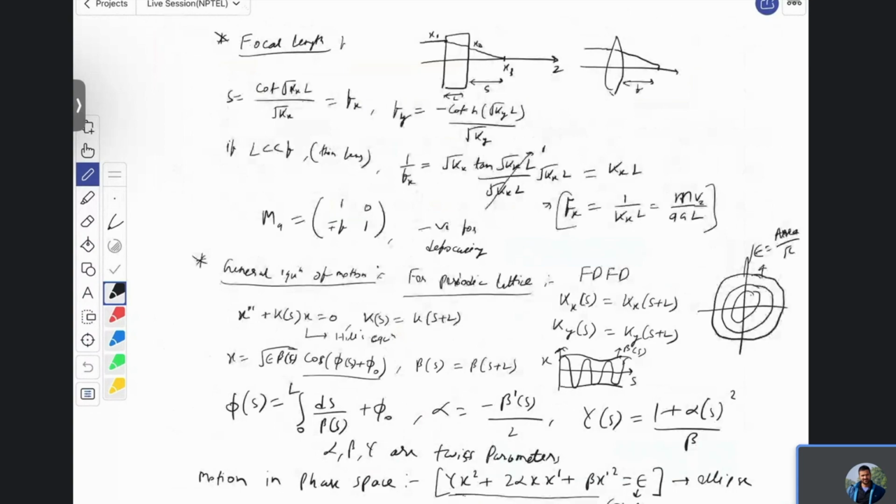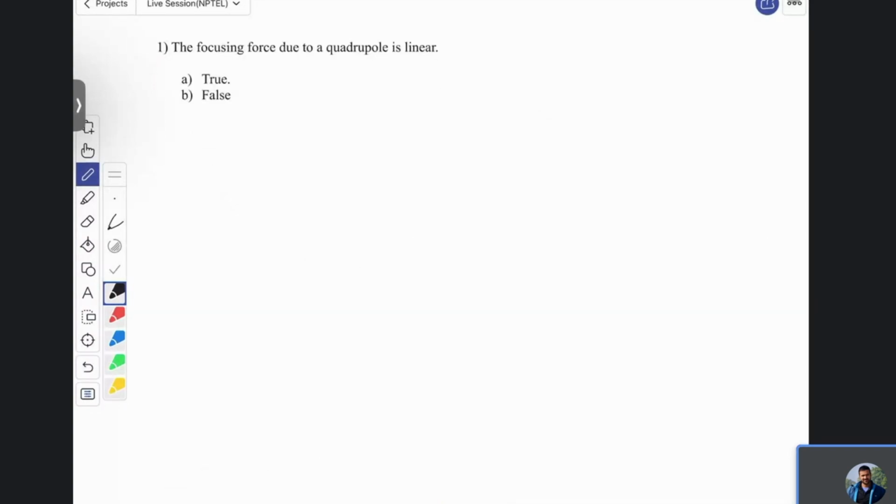Okay. So first problem we have here is a very simple problem. The focusing due to a quadrupole is linear, true or false.